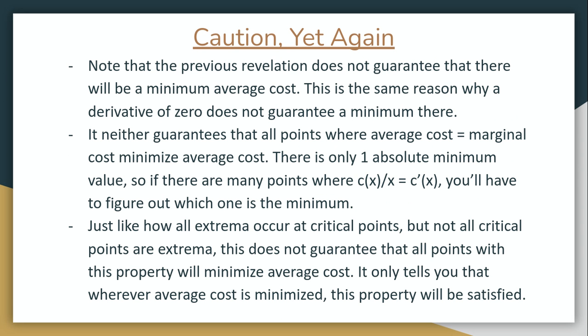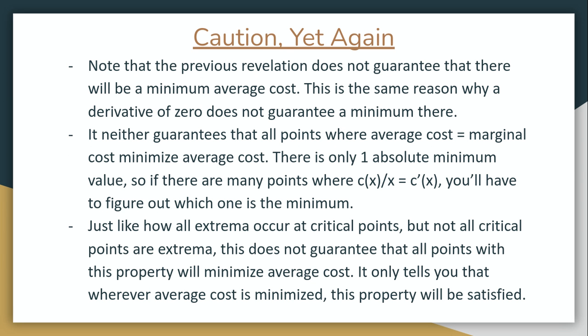Caution yet again, and then we're done. Note that the previous revelation does not guarantee that there will be a minimum average cost. It's the same reason why a derivative of 0 does not guarantee a minimum there. We could have a derivative of 0 and there not be a maximum or minimum there.